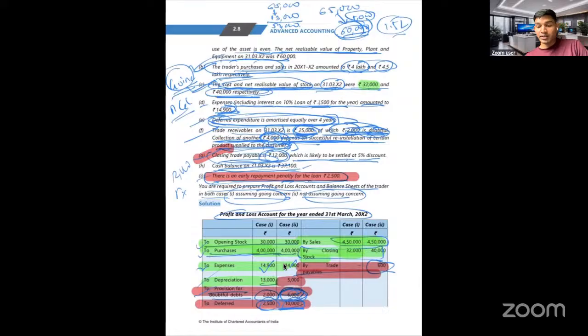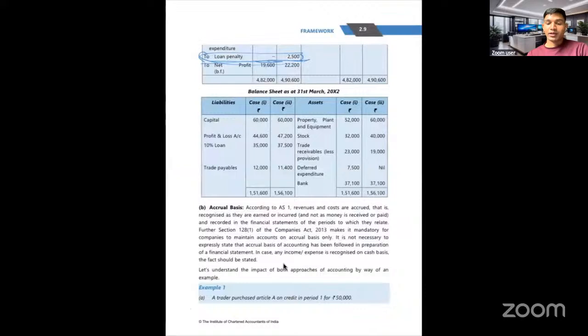We are considering this penalty for not having the assumption of going concern. Otherwise, we do not need to take this penalty. In the normal course of business we don't pay the loan early, we will pay on time.